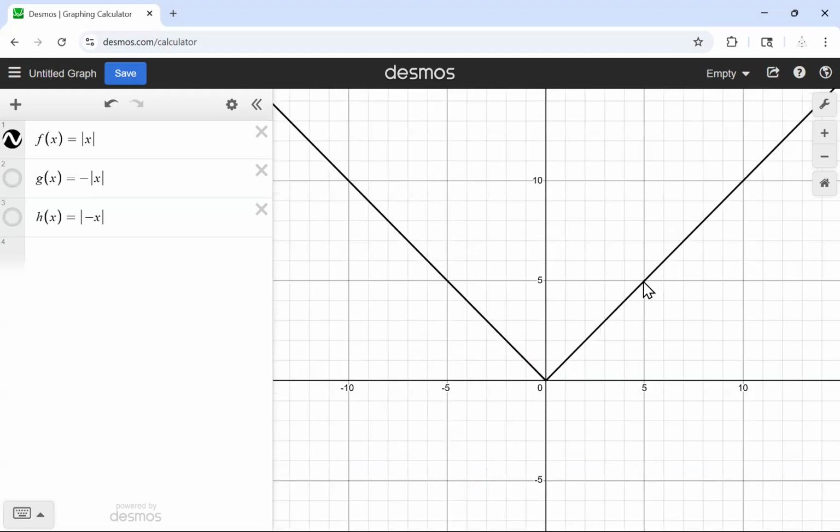Now, what if I flipped every point across the y-axis? Notice that every point like 5, 5 has a matching point of negative 5, 5 already across the y-axis, and negative 5, 5 has a matching point of 5, 5 that's already across the y-axis. So if I flip this across the y-axis, that's what happened with h of x, I actually get the same graph back.